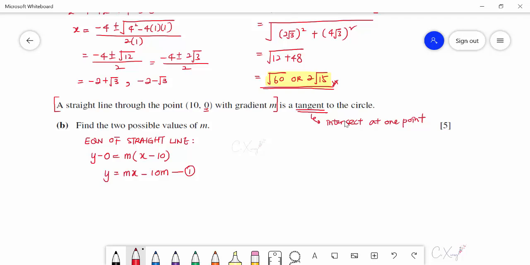Therefore, what I do is substitute this line equation into the circle equation, like what we did just now in part A. Now we have to substitute y equals mx minus 10m into the circle equation, x squared plus y squared. So it will become x squared plus mx minus 10m, this is y, squared, equals 20.